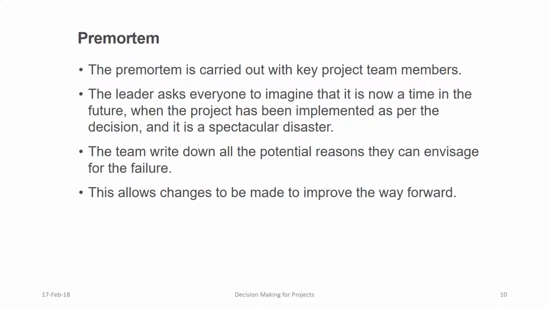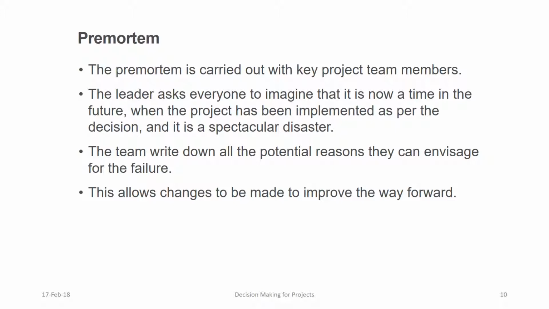The leader starts the exercise by informing everyone that it's now a time in the future when the project has been implemented as per the decision and the outcome is a spectacular disaster. During the next few minutes, everyone works independently and writes down all the potential reasons they can think of for the failure, especially things that would not normally be mentioned for fear of being impolitic.